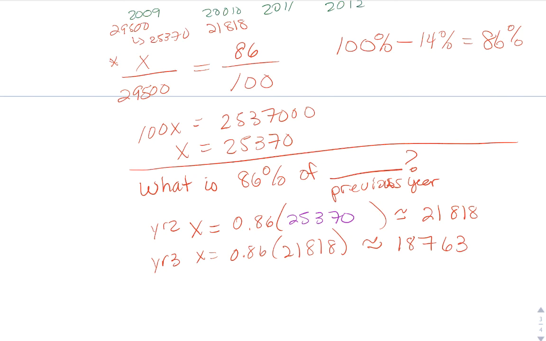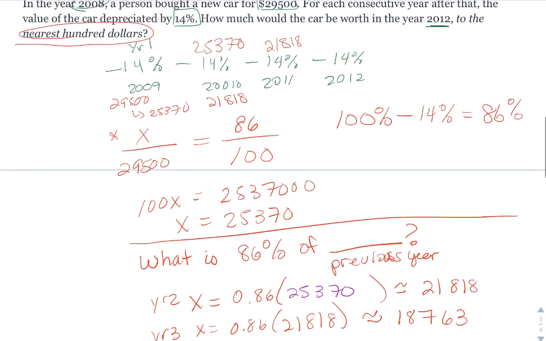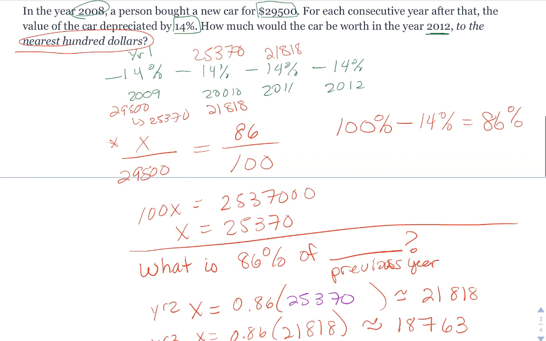So I'm just going to drop the 48 cents. And so that means at the end of year 3, it's 18,763, which is how we're going to start our last year.